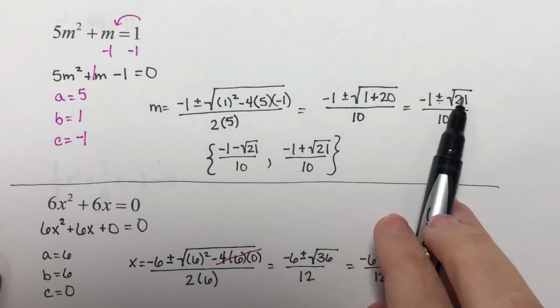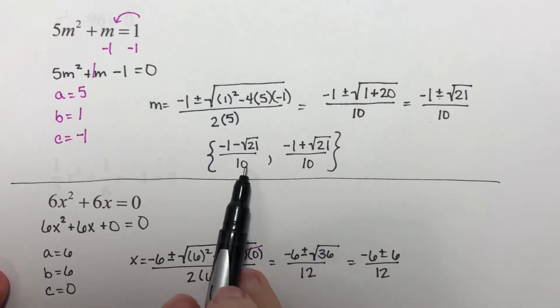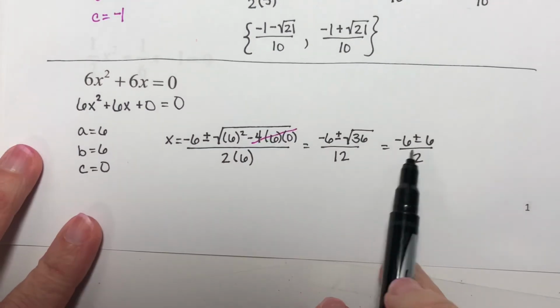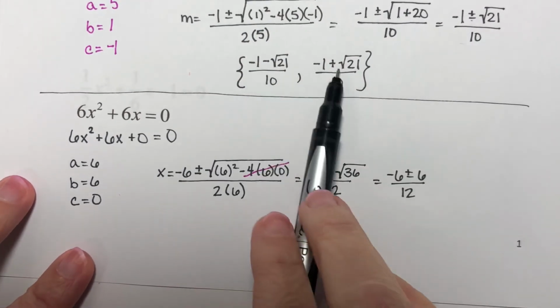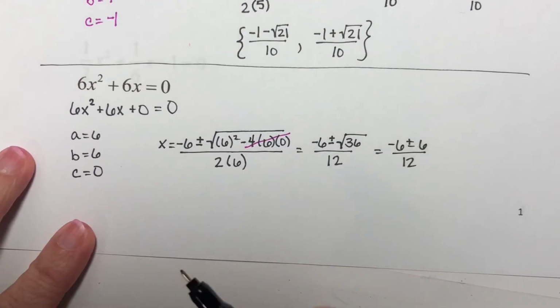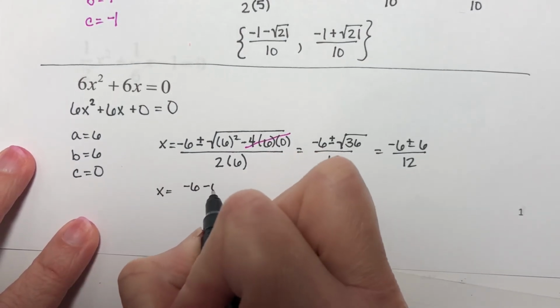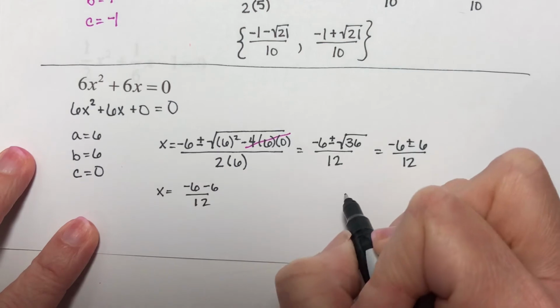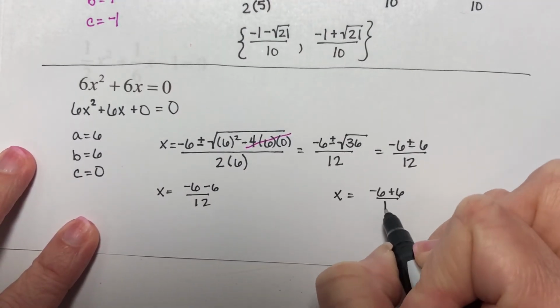Now up here, we could not simplify this, and so we weren't allowed to combine these. Here, we can actually do this arithmetic. We're still going to split it up into a minus and a plus, but we're going to keep going because we can. So x equals negative 6 minus 6 over 12, or x equals negative 6 plus 6 over 12.